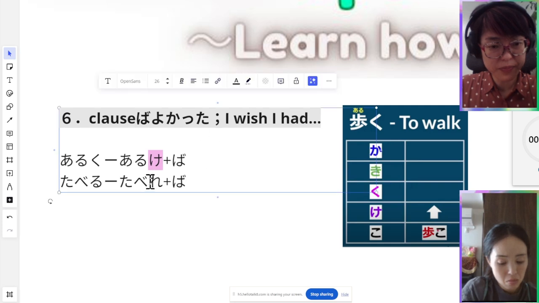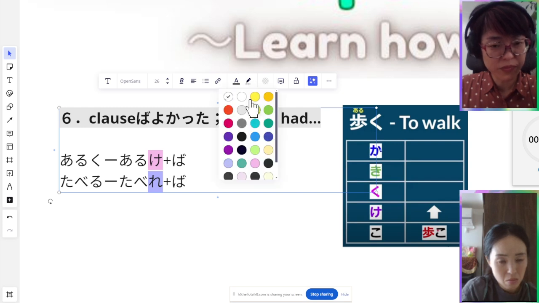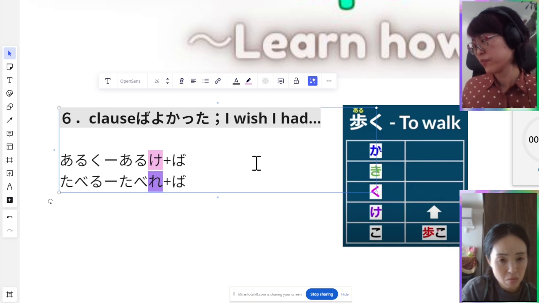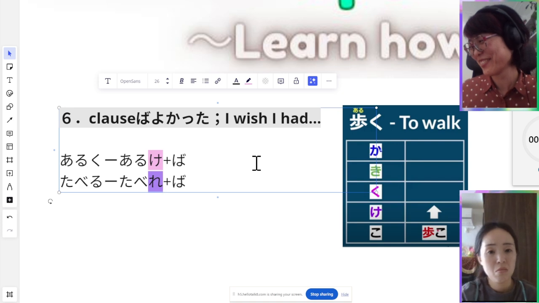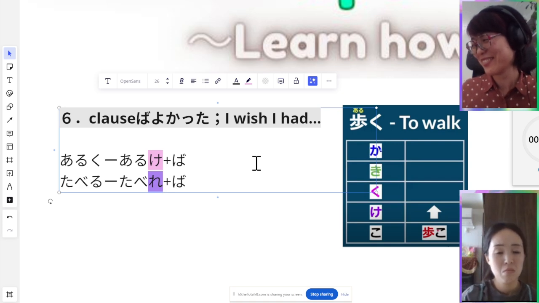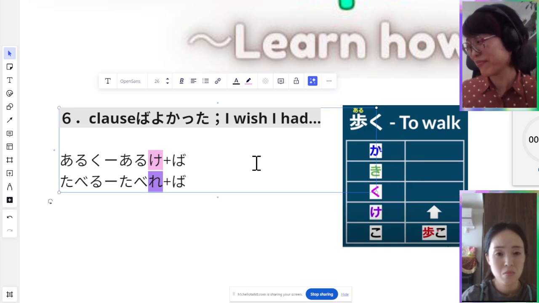But to use ba yokatta, you need to know how to conjugate verbs into the ba conditional, which isn't taught until lesson 22. That makes literally no sense. So I'm going to teach you how to make the ba conditional, but not how to use it, because that's not until lesson 22.